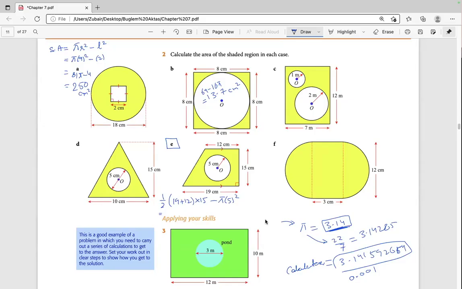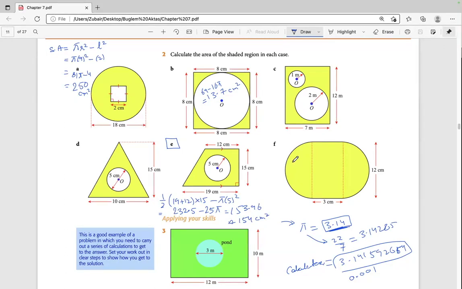So I'm getting 232.5. 232.5 minus 25 pi. Yeah, 232.5 and then minus 25 pi. And finally, it gives me 153.96, which we can write as 154 centimeter squared.